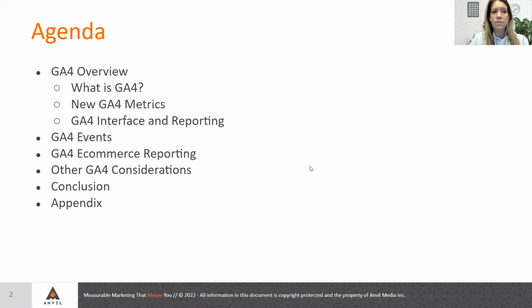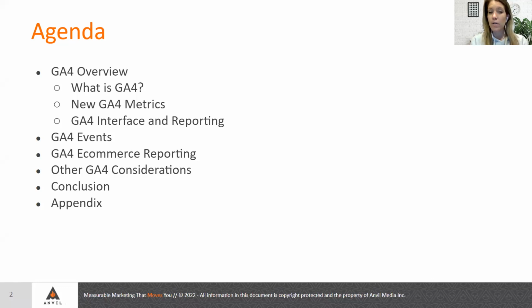So some of the things that we'll cover today will go into a pretty quick introduction of Google Analytics 4, what it is, what the new metrics look like, and what the interface and some of the new reporting features look like as well. We'll talk about Google Analytics 4 Events, the e-commerce reporting.